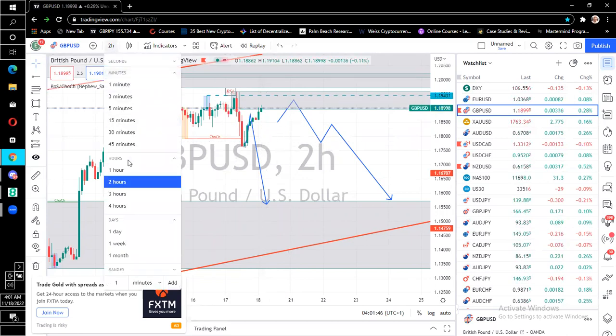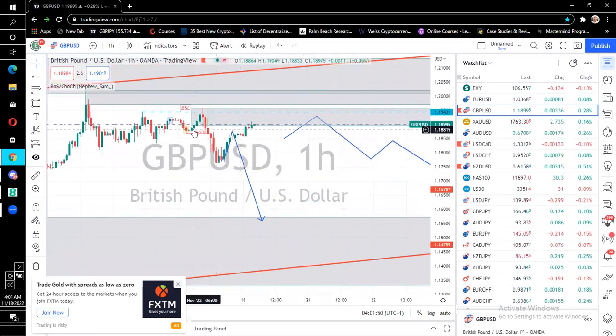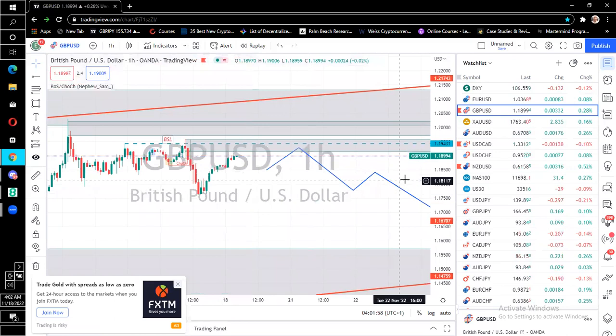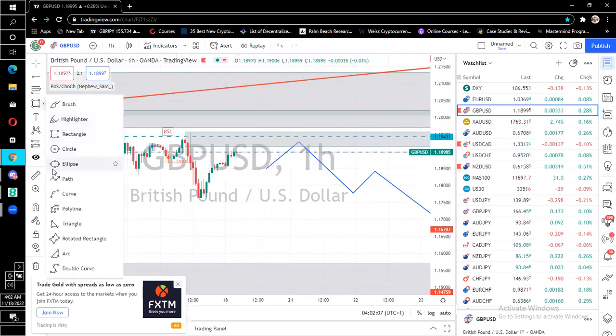Let's go to 1 hour to refine it further. Good. So we're refining it further to the 1 hour OB. So we've gotten this. What I will be expecting to see is break of market structure and return back to the order block. So I'll be expecting to see something like this happen.